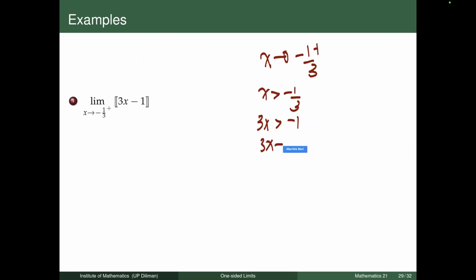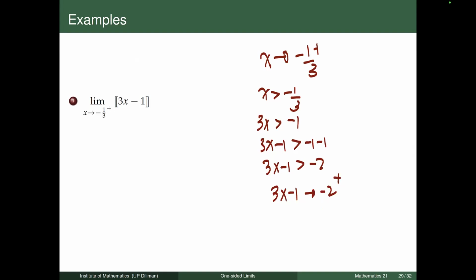So 3x minus 1 will be greater, not transpose. I am getting 3x minus 1 will be negative 1 minus 1, which is negative 2. So 3x minus 1 is greater than negative 2. So as x approaches negative 1/3, 3x minus 1 is approaching negative 2 through positive values. Okay?